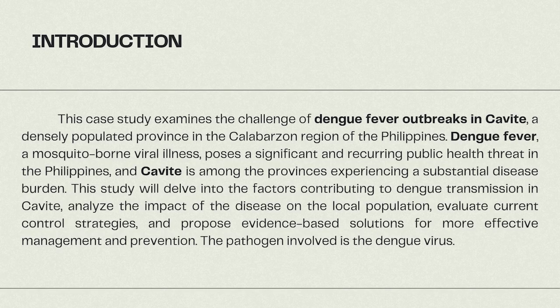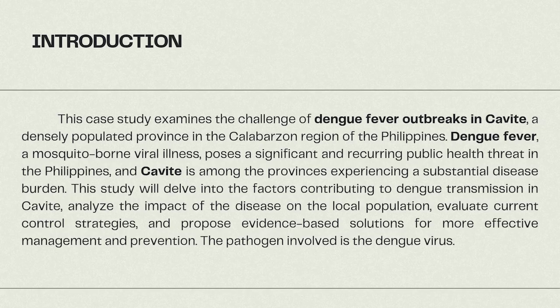For the introduction, this case study examines the challenge of dengue fever outbreaks in Cavite, a densely populated province in the Calabarzon region of the Philippines. Dengue fever, a mosquito-borne viral illness, poses a significant and recurring public health threat in the Philippines, and Cavite is among the provinces experiencing a substantial disease burden.